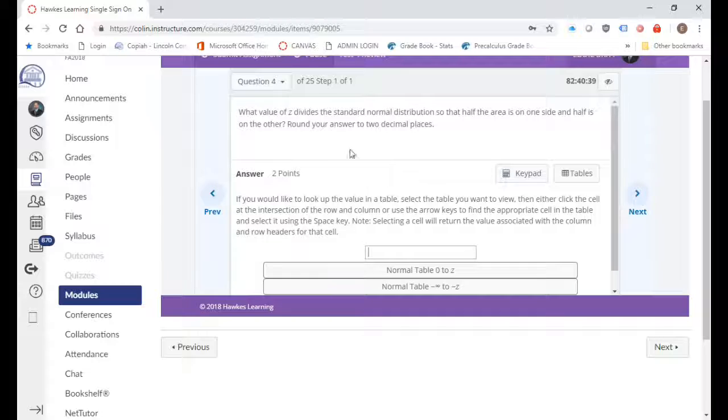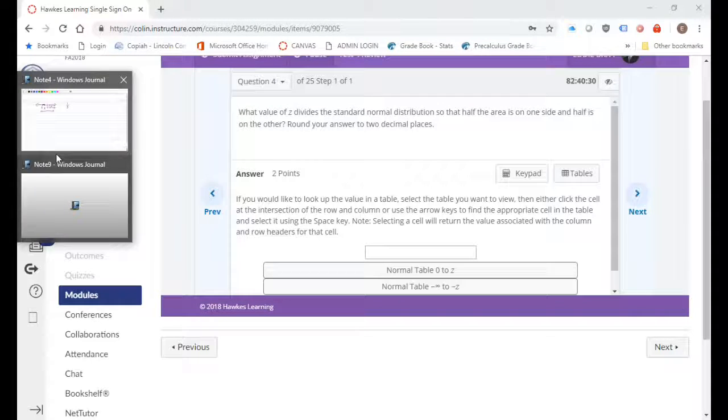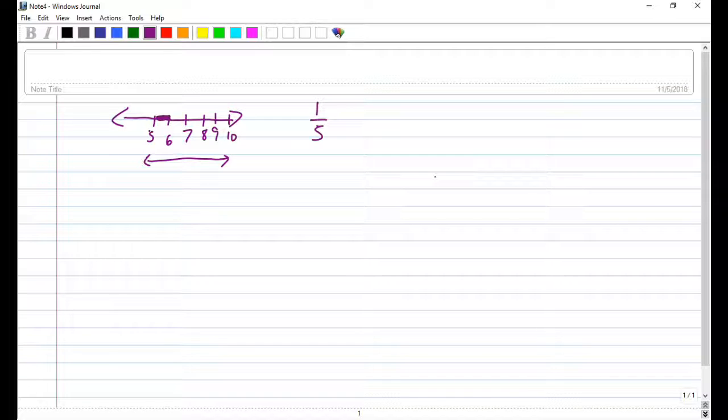All right. Now, what value of z divides the standard normal distribution so that half the area is on one side and half is on the other? Round your answer to 2 decimal places. All right, so half on one side and half on the other. Well, here's the standard normal distribution. Remember, the area under the entire curve is 1.